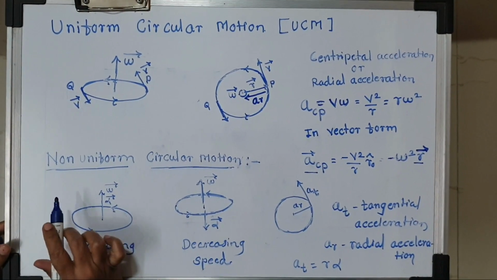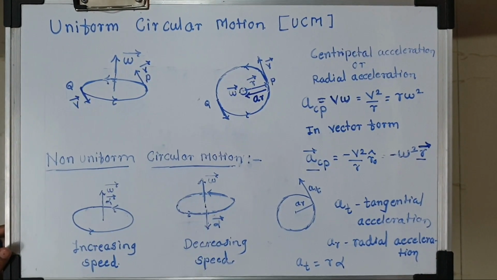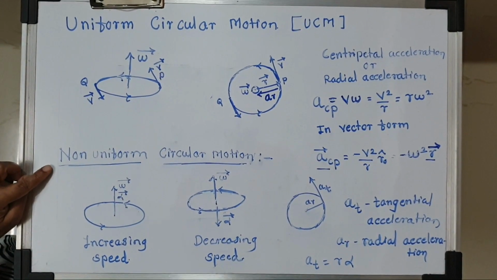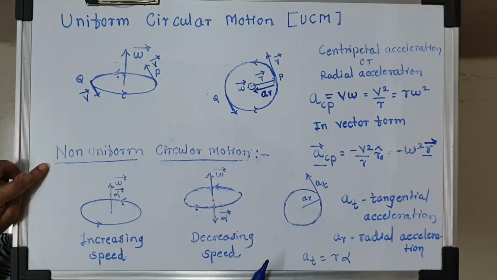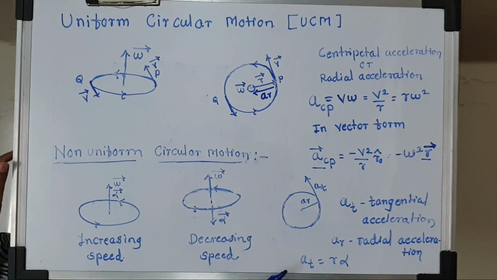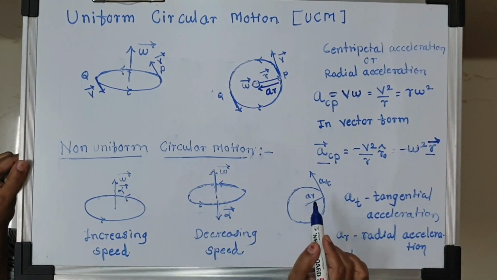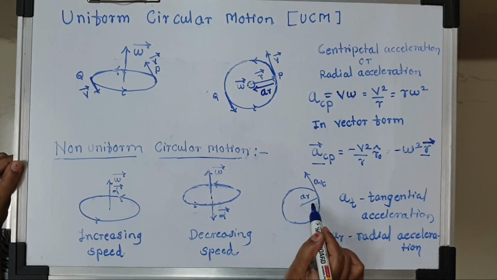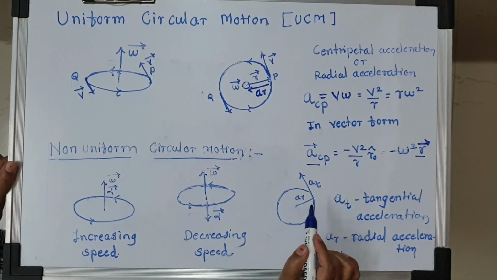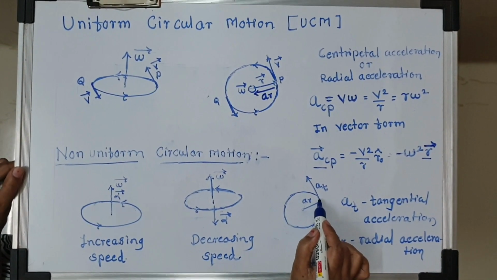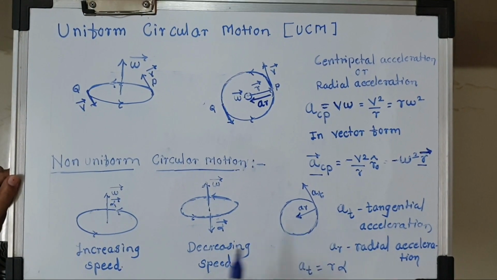Now, we have to see non-uniform circular motion. In non-uniform circular motion, velocity is changing, which means speed doesn't remain constant. The direction of the linear velocity and its magnitude both are changing. To change the direction, we need radial acceleration.